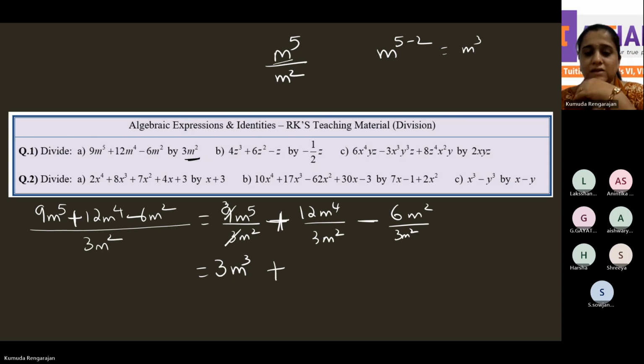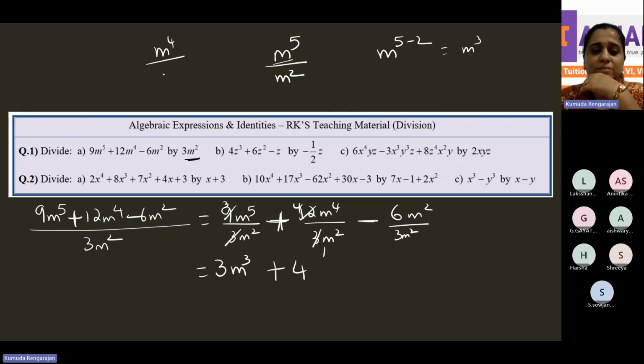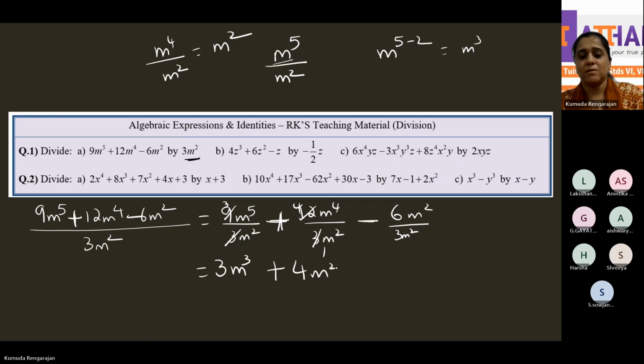Plus 3 ones are 3, fours are 4. So 4m to the power 4 divided by m square. Bases are same, division, so subtract the powers. Minus 2m square by m square.